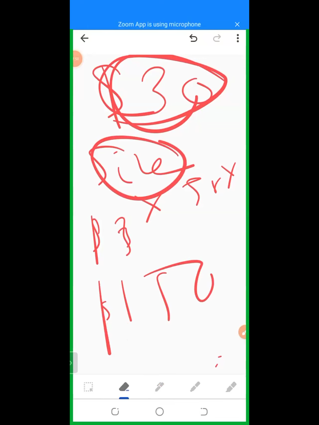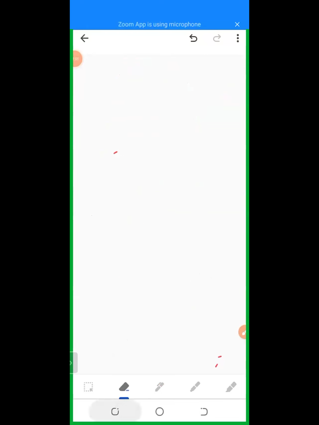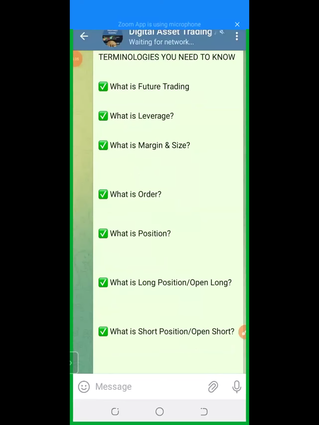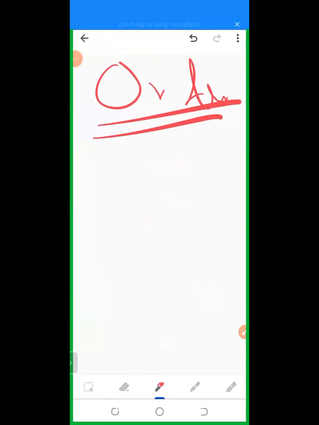So let me go to the next point. The next point I want to talk about is what is order. When you want to trade, in Binance, Bybit and some other exchanges, you may not want to enter at the current price.